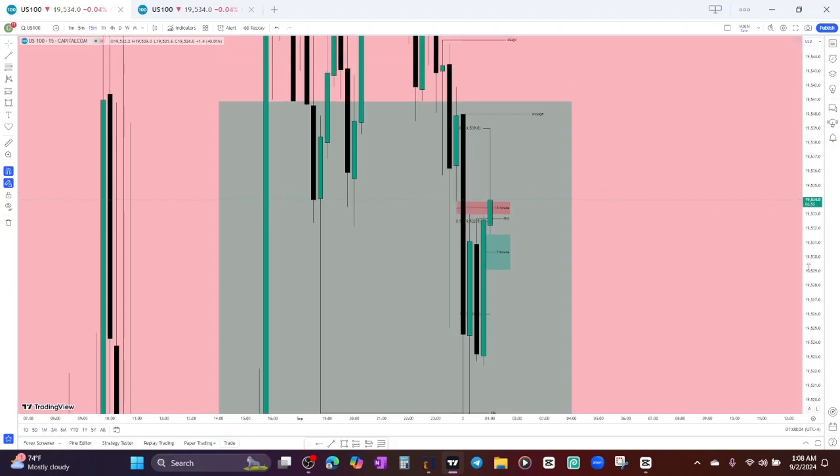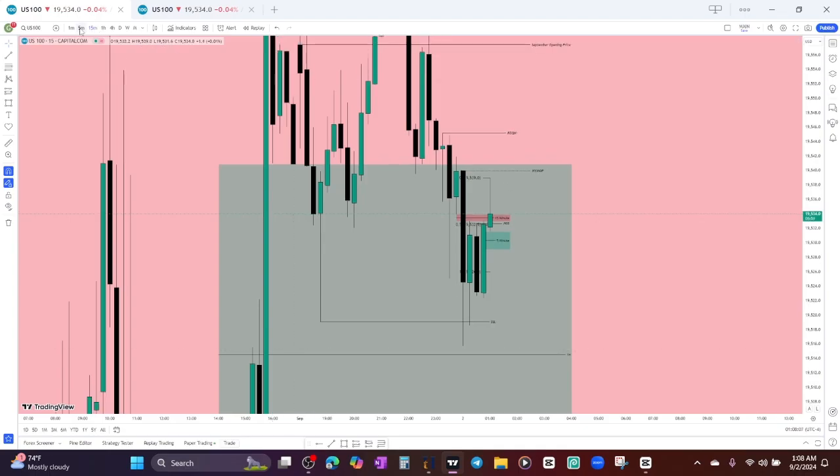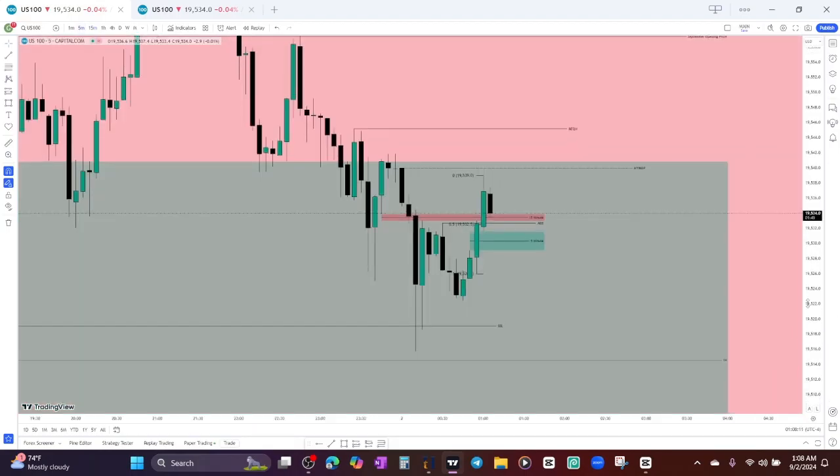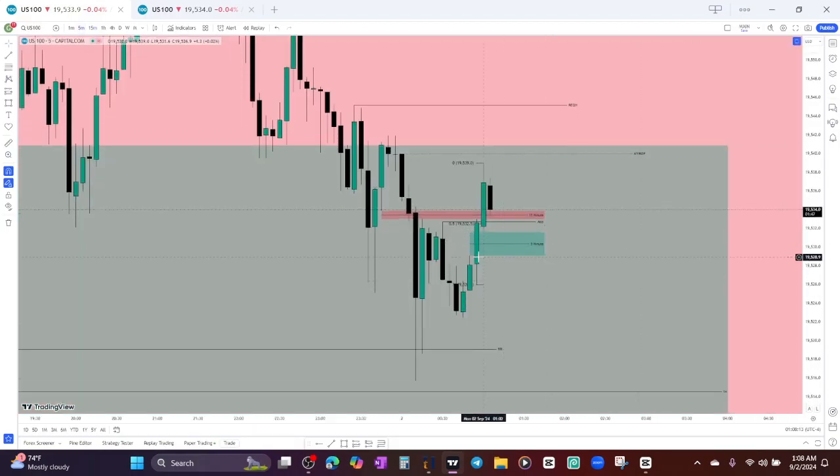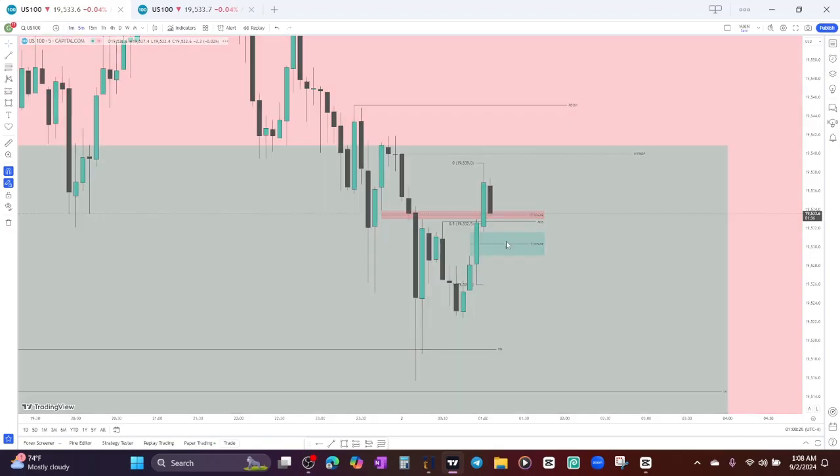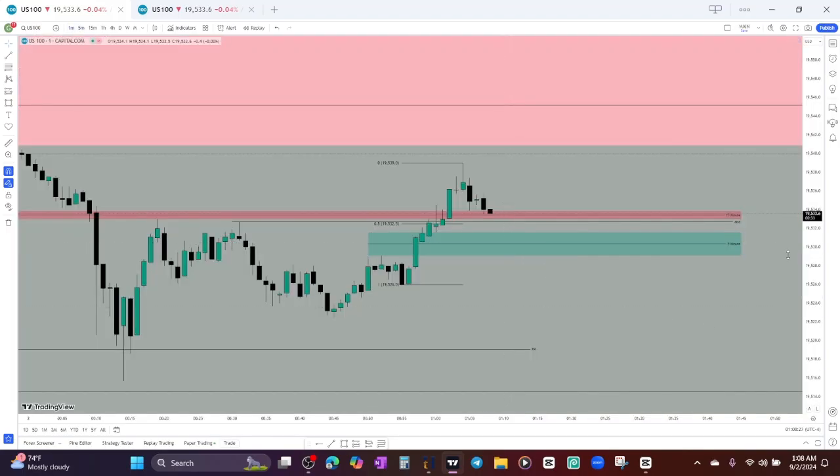Gotta think about it real quick. If I were to enter here, then my stop loss would have to go below this. It would still be below this fair value gap. So the better entry would just be at that 5-minute fair value gap. But it all depends. Let's see how we react off of this 15-minute.